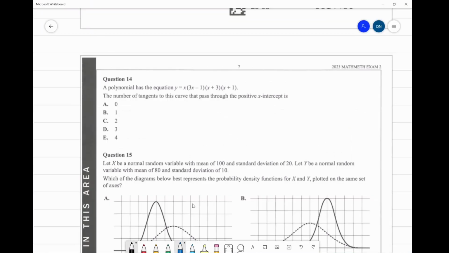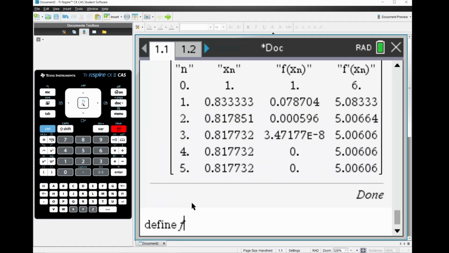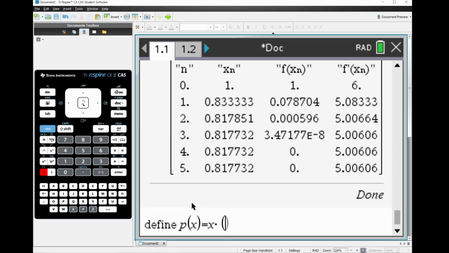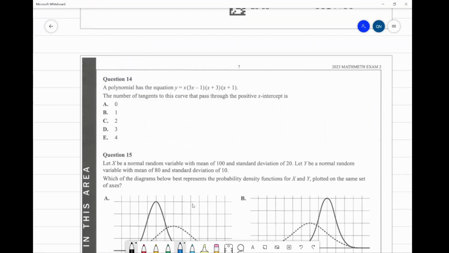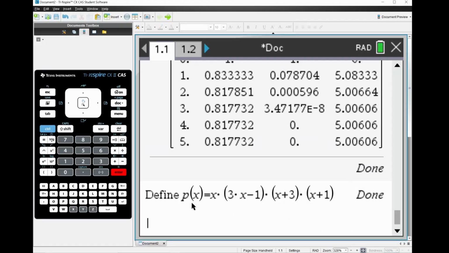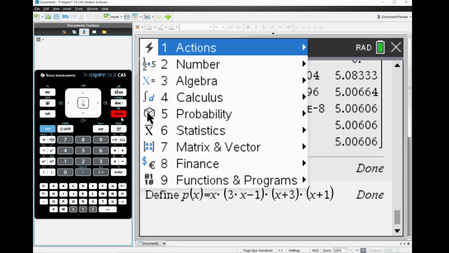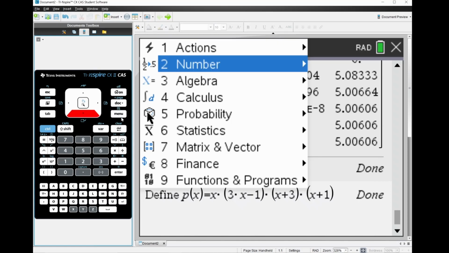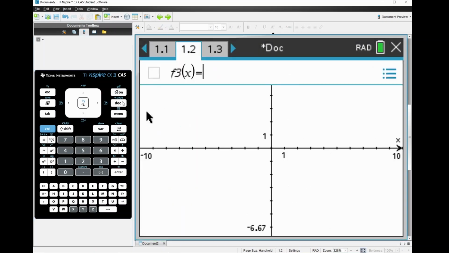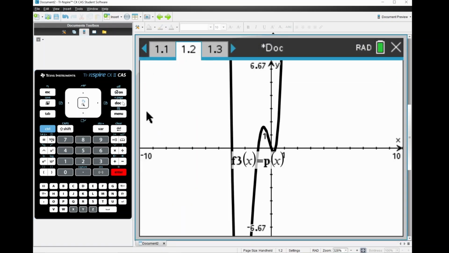I'll define p of x to be equal to x times (3x minus 1), times (x plus 3), times (x plus 1). I'll take a look at the graphs page. So insert, then we have graphs, and then we have p of x. All right.